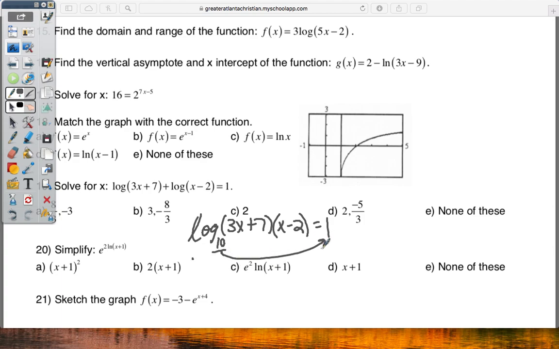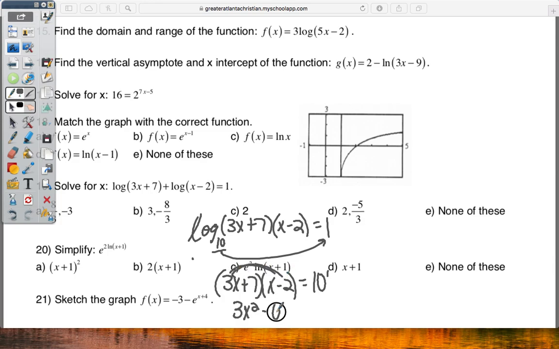And so what we have now, once we do that, once we have one log and we change it to exponential, the log does what? Goes away. Good. So we have 3x plus 7 times x minus 2 equals 10 to the first. Okay? Which 10 to the first is just 10, right? So on this left side, we can distribute 3x times x is 3x squared.